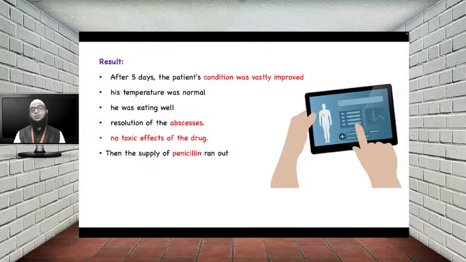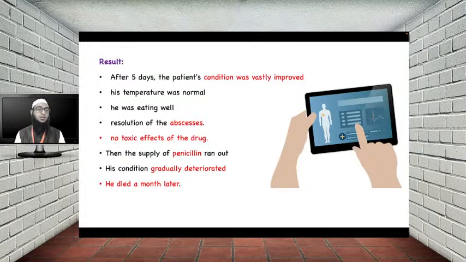Then slowly the supply of penicillin ran out, because he had only just isolated that penicillin from the mold, and no more was available. After the shortage of penicillin, his condition gradually deteriorated, and he died a month later.